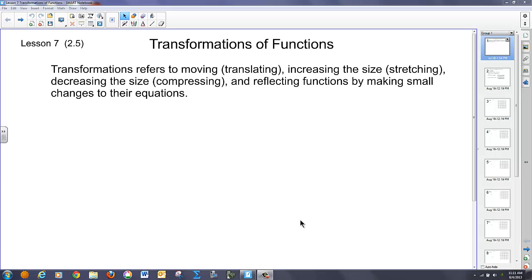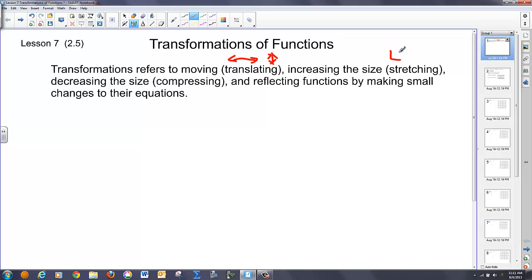So today we're going to talk about the transformation of functions. Typically we're going to be transforming parent functions that we talked about yesterday. And a transformation refers to any type of translating, which means moving, for instance, to the left or to the right, possibly up and down, taking and stretching something.